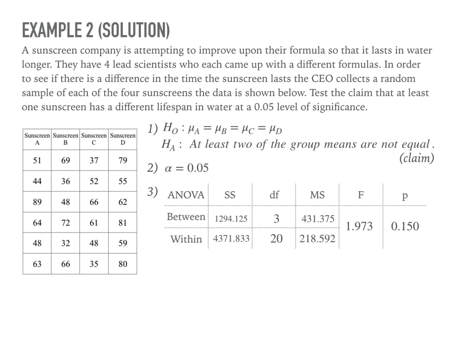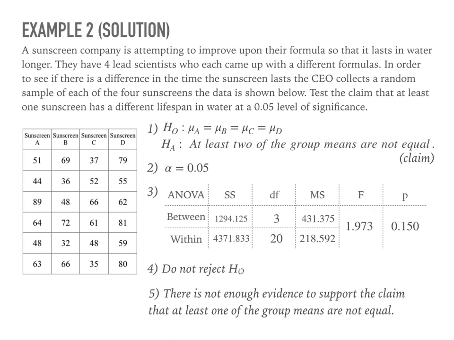Keeping in mind that the calculator uses the word factor, where we use the word between, and the calculator uses the word error, where we use the word within. We're able to make the decision, do not reject the null hypothesis. There is not enough evidence to support the claim that at least one of the group means is different.